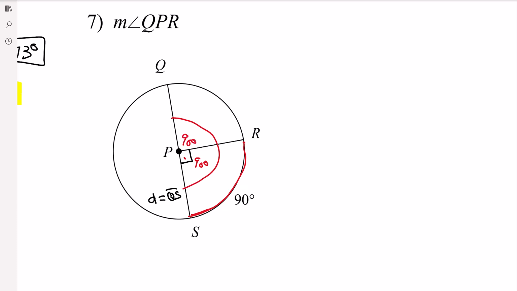So we have to find the measure of QPR. So 90 degrees times pi over 180.